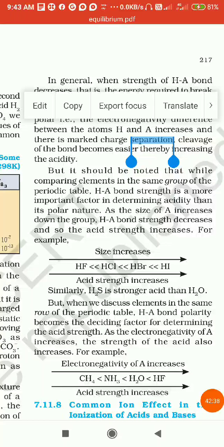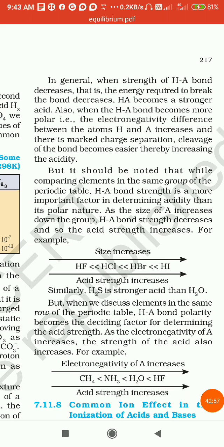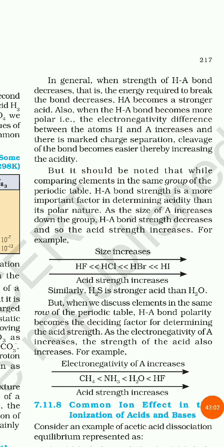Cleavage of the bond becomes easier, thereby increasing the acidity. So if an acid is more acidic in nature, you have to apply more energy. For a weak acid, you apply less energy.